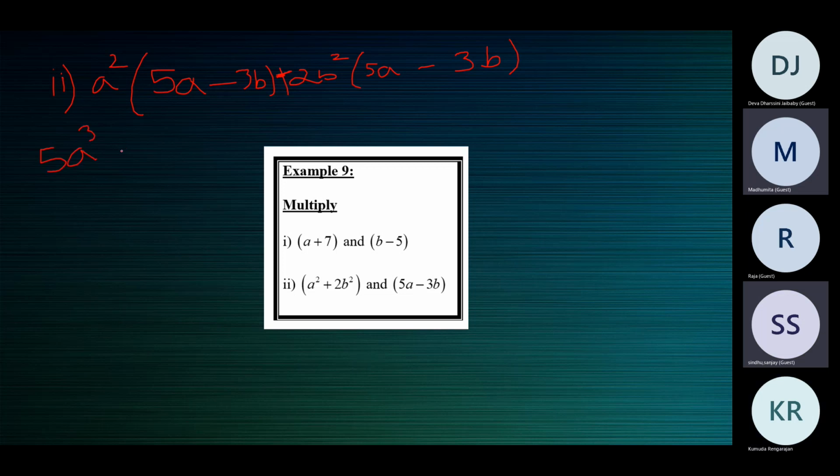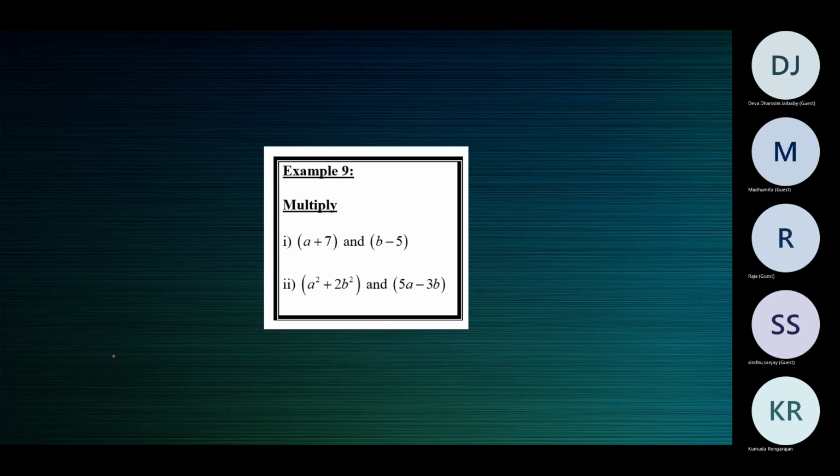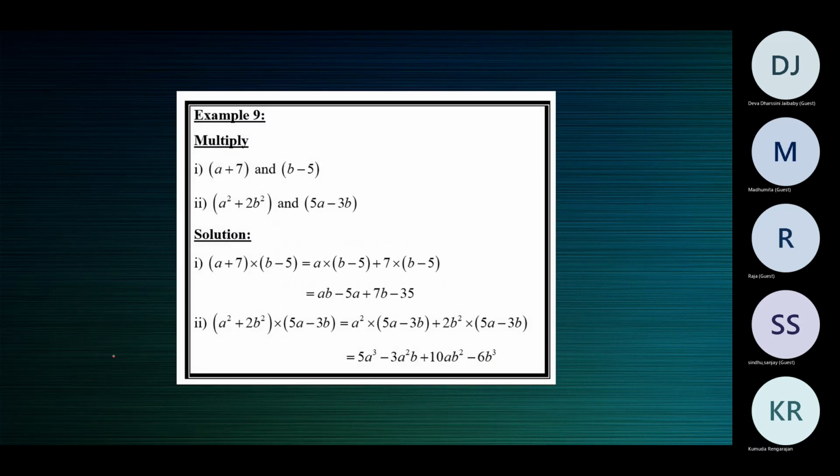Minus 3a square b plus 10ab square minus 6b cube, ma'am. Very good. Correct?